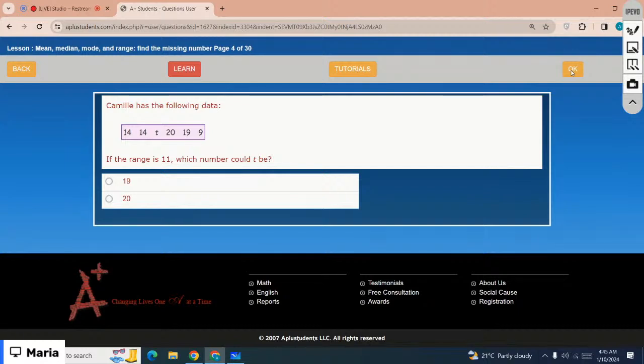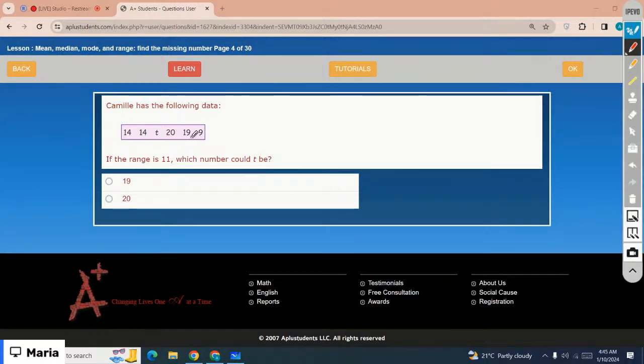Camel has the following data. If the range of the data is 11, what could T be? You are given the range is 11, right? Range means the difference between the greatest and lowest number. The greatest number in the data is 20 and the smallest would be 9.